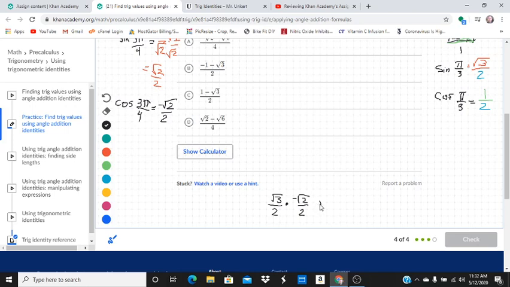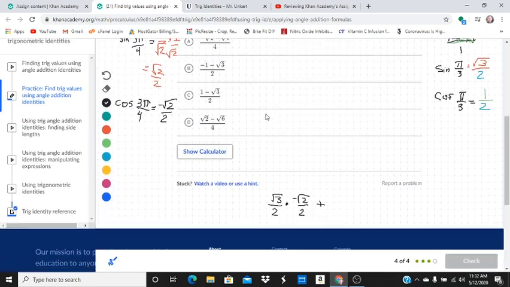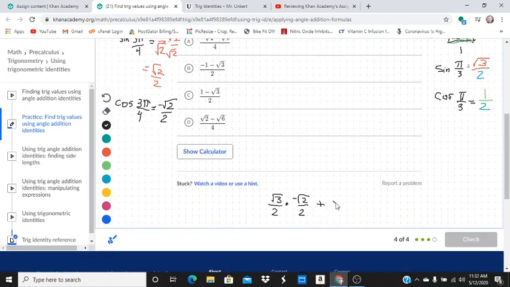Plus sine B, square root of 2 over 2, times cosine of A, 1/2. Well, that's going to equal a negative square root of 6 over 4 plus square root of 2 over 4.